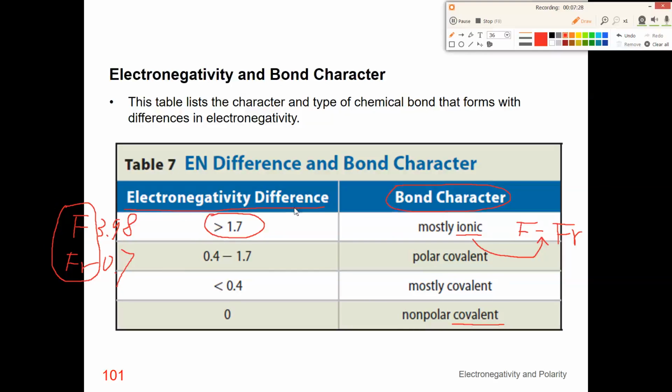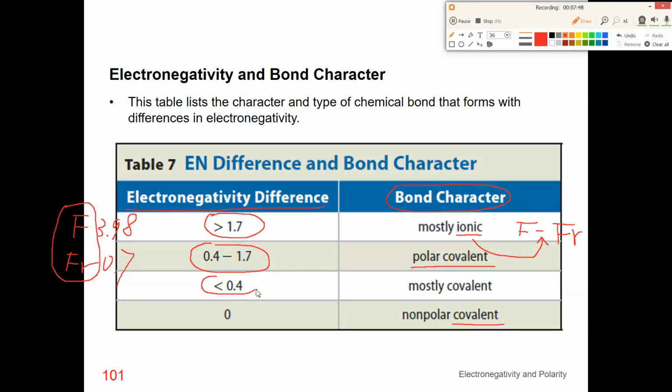If the electronegativity difference is between 0.4 and 1.7, it's polar covalent. We'll explain what polar covalent means. Basically, it's covalent, majority covalent, however, it's polar. We'll explain polar on the following slide.